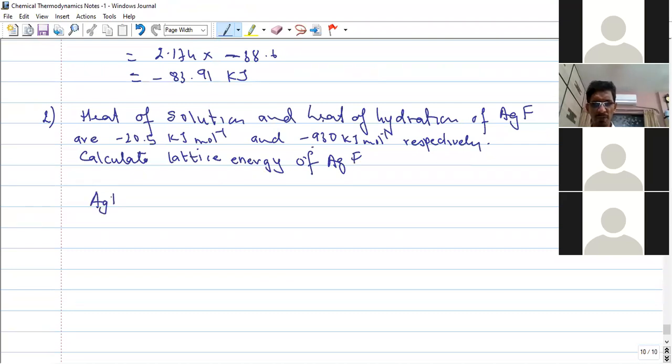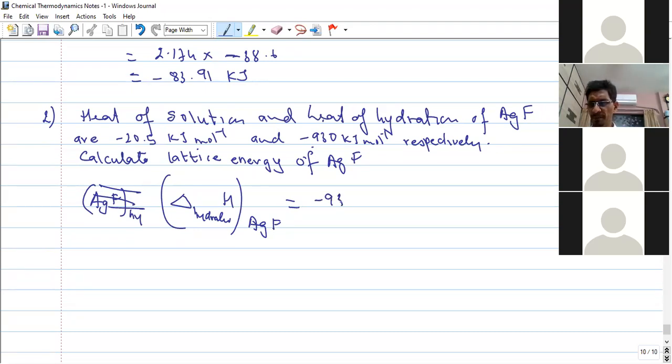So AgF hydration. Delta H hydration of AgF is equal to minus 930. Second, delta H solution of AgF is equal to minus 20.5 kilojoules per mole.